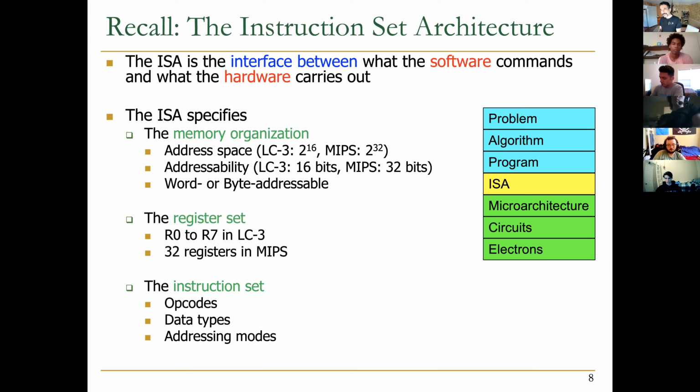For example, ARM assembly language, x86 assembly, LC3 assembly, right? So when we say assembly code, you have to associate it with a particular instruction set architecture.